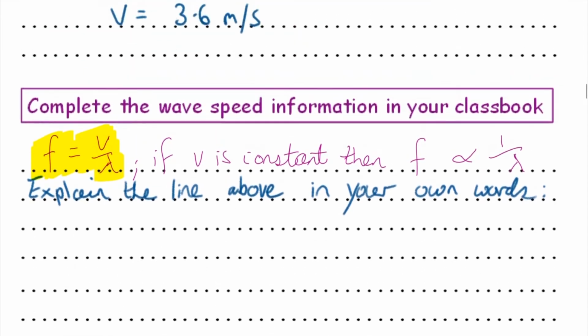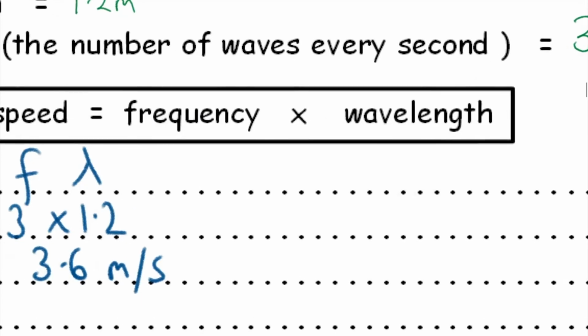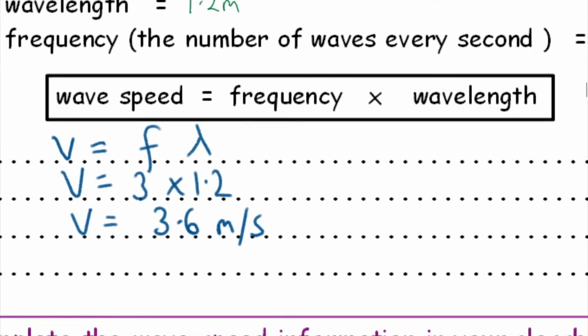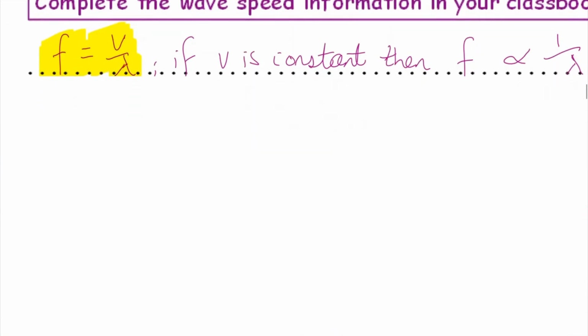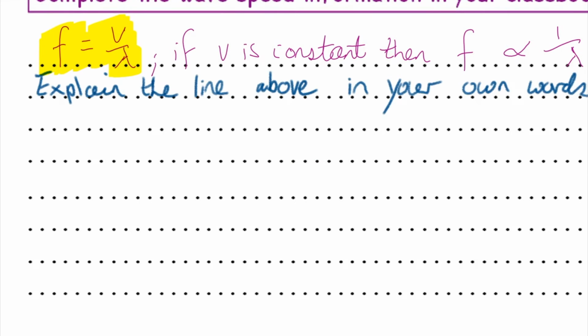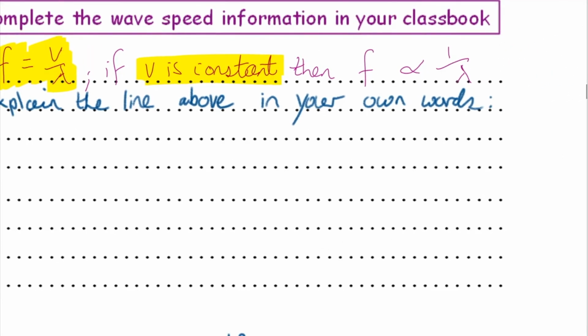That's just rearranging this equation. Frequency is wave speed over wavelength. If v is constant, that means stays the same, then we can say that frequency is inversely proportional to wavelength.